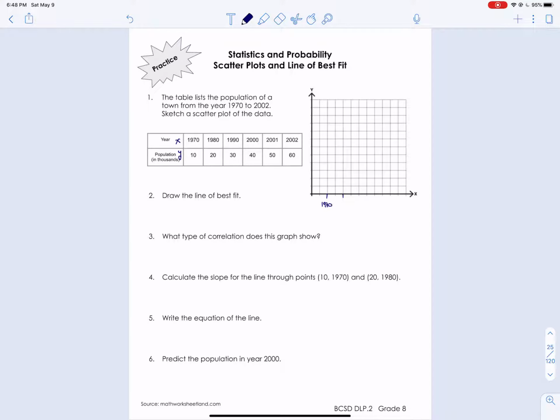And then we'll go 1980, 1990, 2000. And this would be 2010. Okay, 2010 is higher than the number that we have, so that should work.